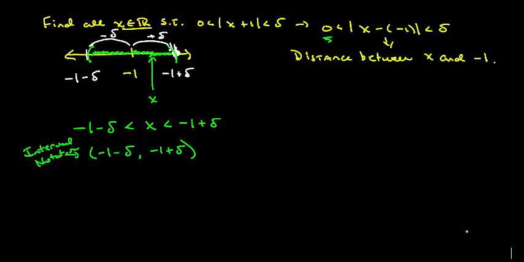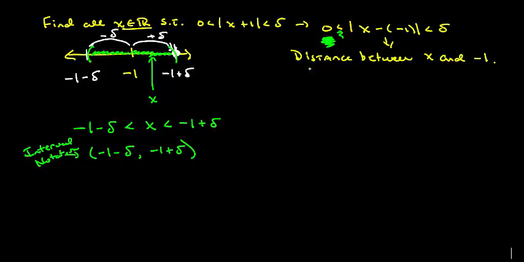Now, we've neglected something here. We neglected this guy over here, the 0. What does that 0 say? That 0 says that the distance between x and -1 has to be positive. It can't be 0. It's got to be greater than 0.